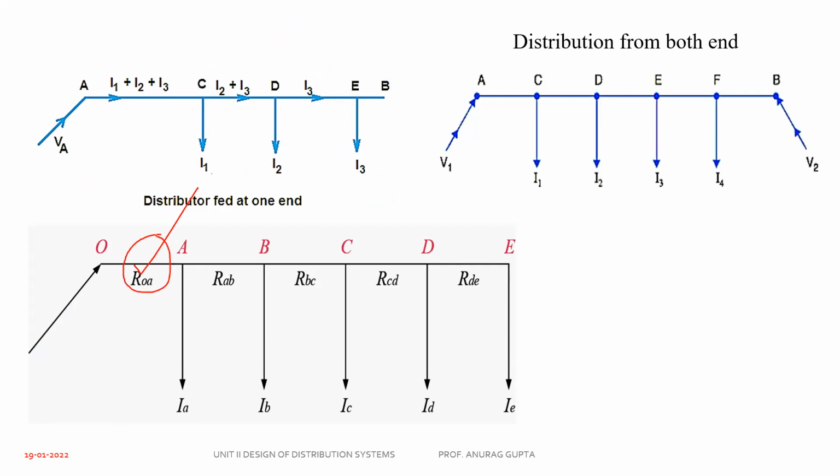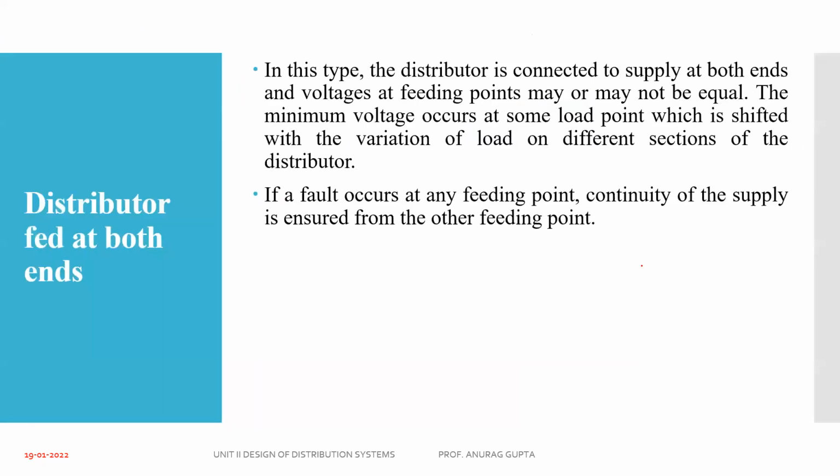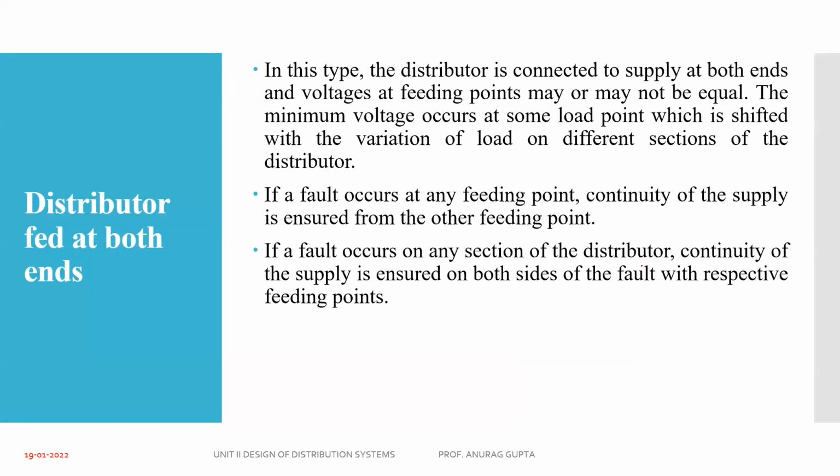And number four, we find the voltage at each point, by subtracting the section voltage drops from the main voltage. Clear. This time I will solve a numerical so that you will understand more.